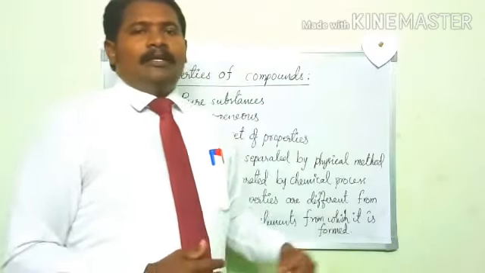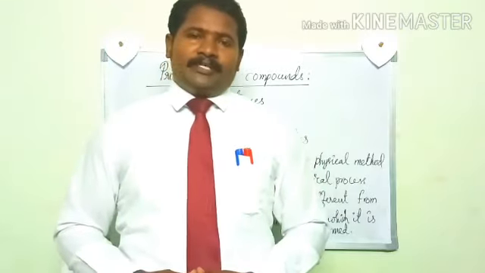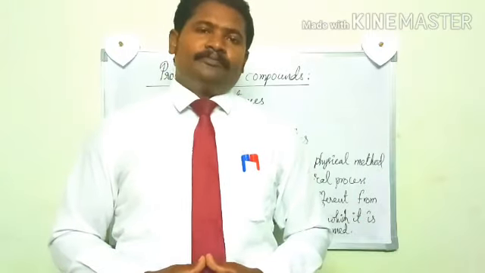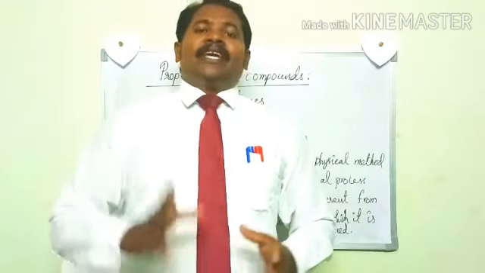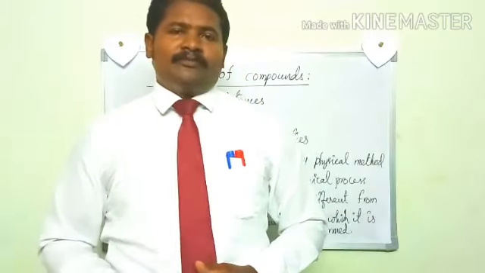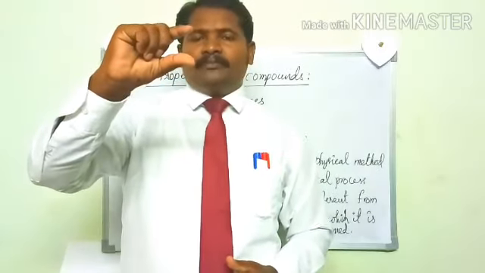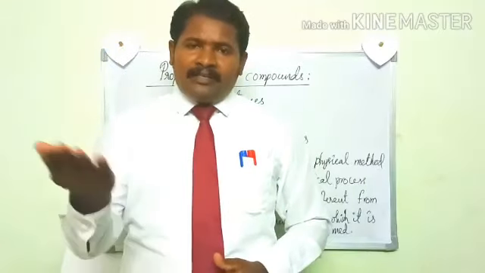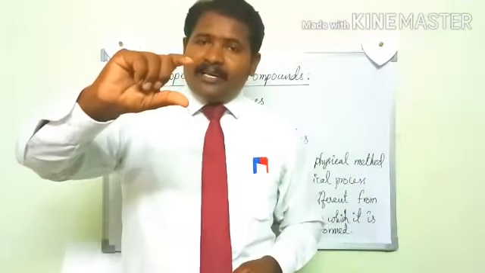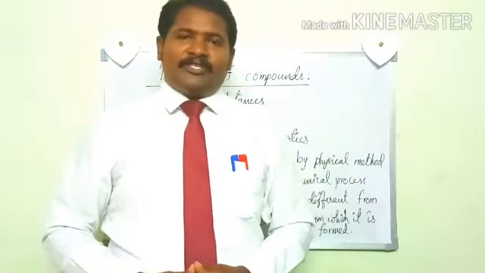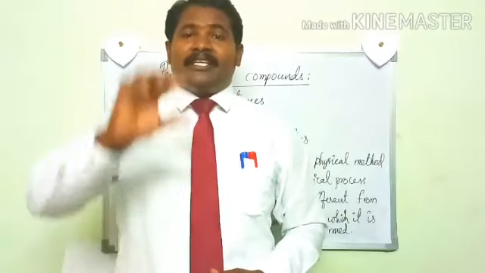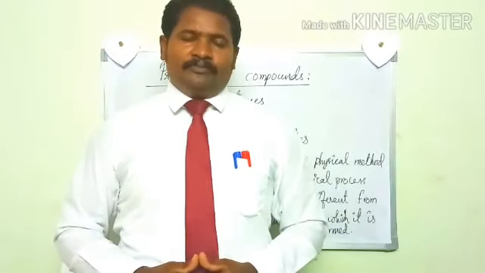Understand? Okay. And it is homogeneous. How can we understand the homogeneous nature? Take one bucket of water and collect a 100 ml sample from the top layers, another 100 ml from the middle layers, and 100 ml from the bottom layers. Now count the number of particles present per unit volume.